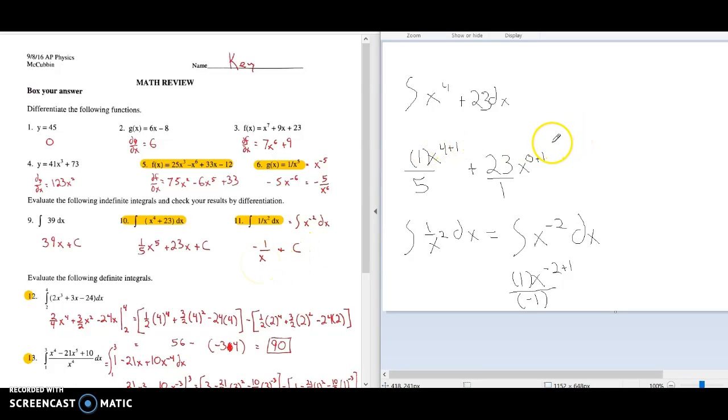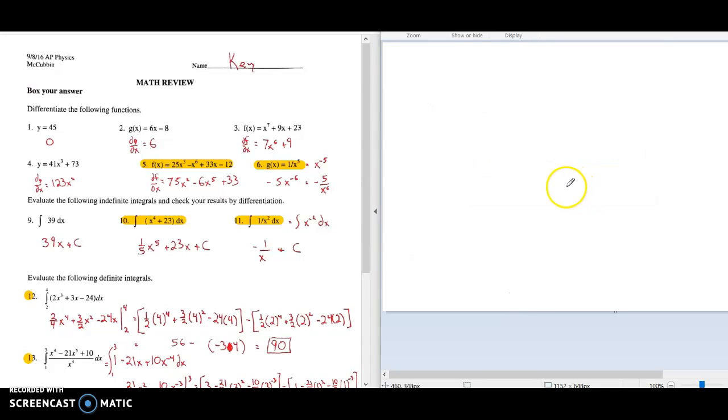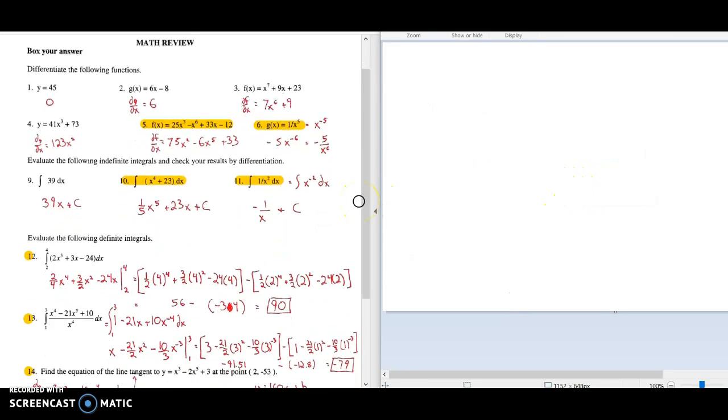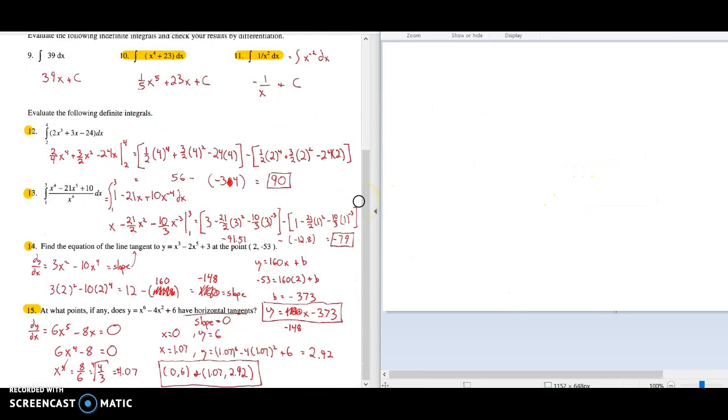Alright, for number 12, scroll this down a little bit. Now we have an integral with limits. Okay, so make sure you take the integral correctly. So our limits are 2 to 4. We have 2x cubed plus 3x minus 24 dx.